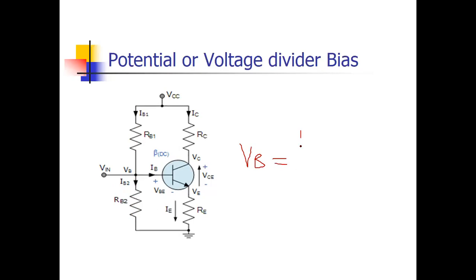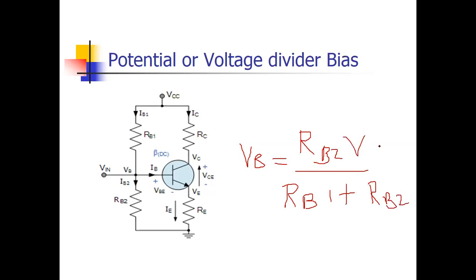Then we take that particular branch resistance, RB2, divided by the total resistance, that is RB1 plus RB2. This is our voltage divider rule, and then we multiply it by the given supply, VCC.